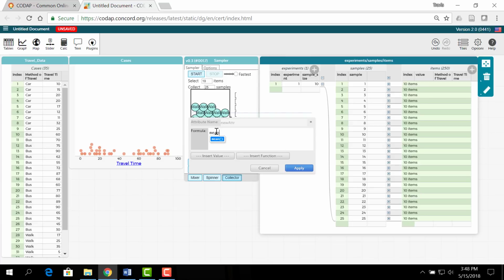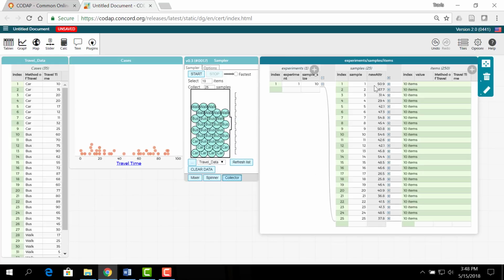But we need to tell it what we're collecting a mean of, and our variable this time is travel time. If we apply this, what we now see in our attribute is the mean of the travel times of the 10 randomly drawn individuals from our original sample.